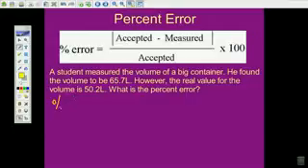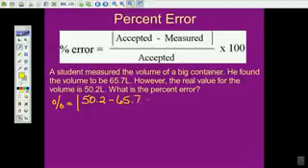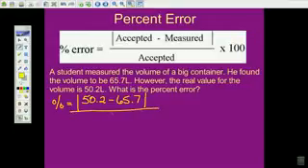So my percent error, start with my equation, is my accepted, which is the real value, so 50.2, minus the measured, and he measured it to be 65.7, divided by the accepted value or the real value.